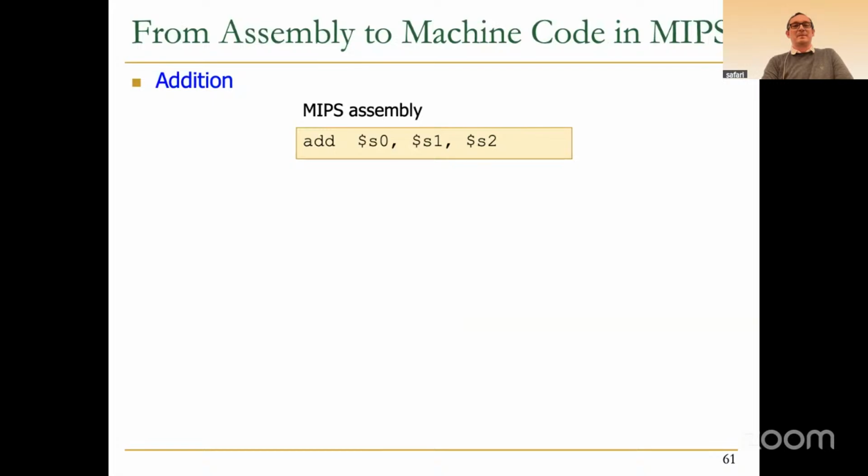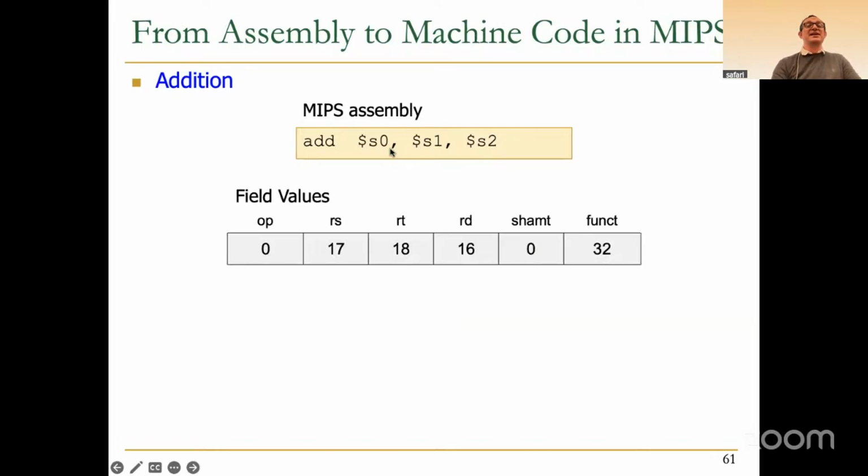Okay, so this is add in MIPS. It's going to be very similar. You add S1 to S2 and store the result in S0. These are the field values. They look a little bit longer. I'm going to look at the machine code directly. What this does is basically RD, the destination register specified over here, gets RS plus RT.